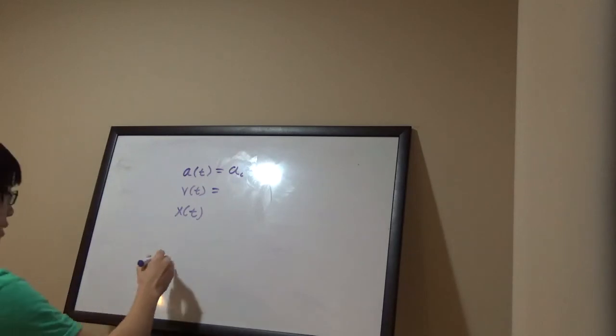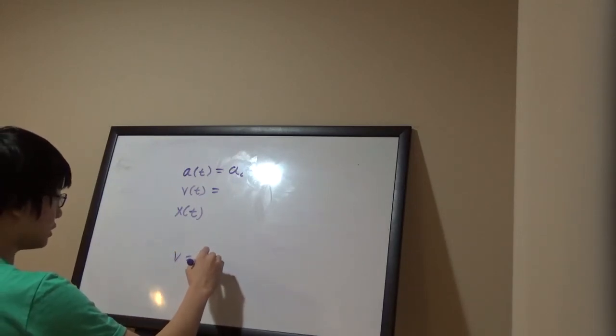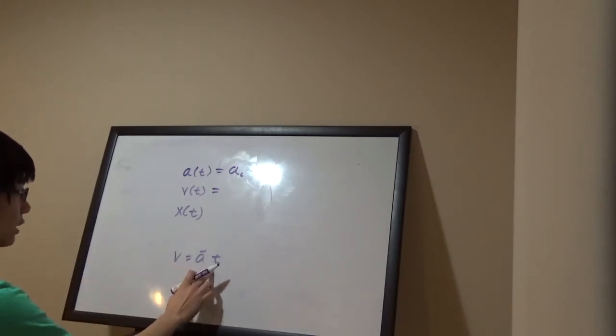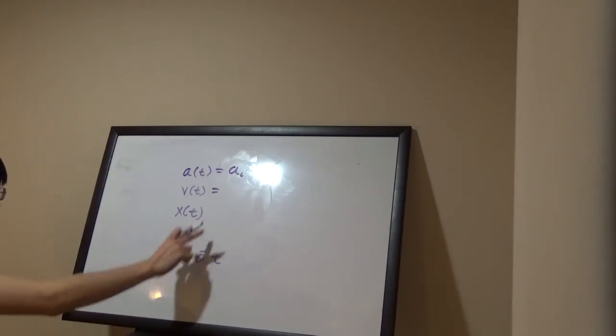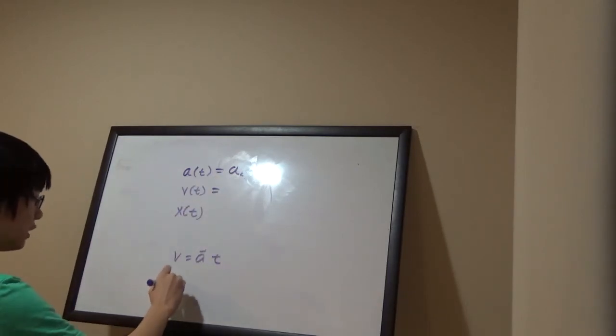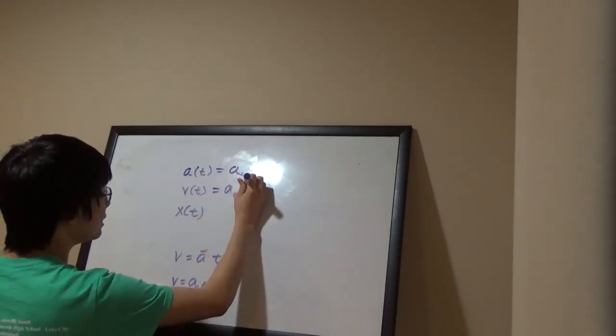We said our velocity is equal to A times t. Our average A is going to be equal to Ac because A doesn't change. Its average is always going to be itself. So V is equal to Ac t. Nice, that's cool.